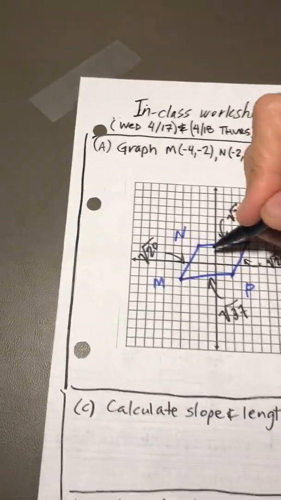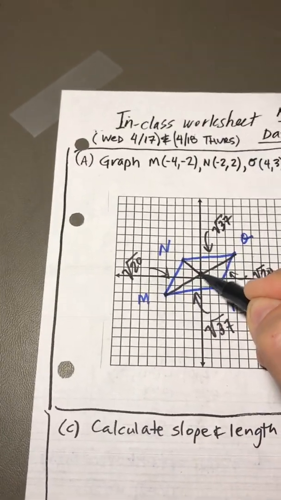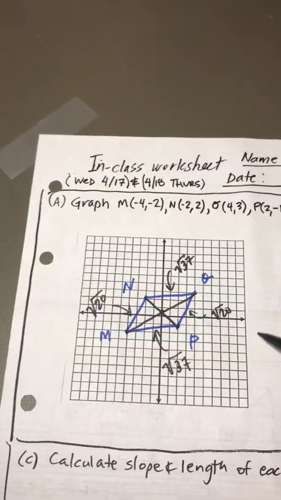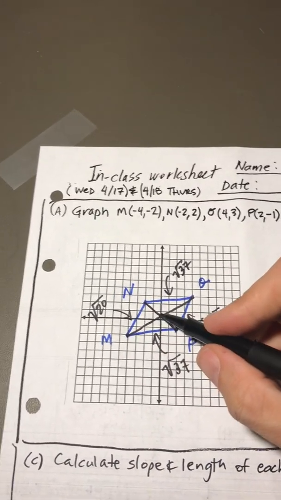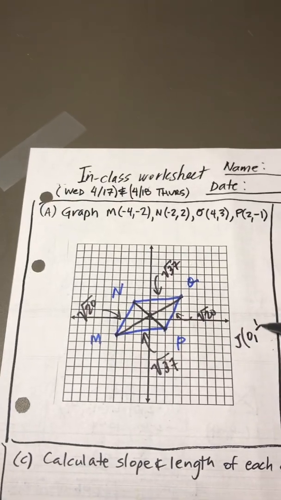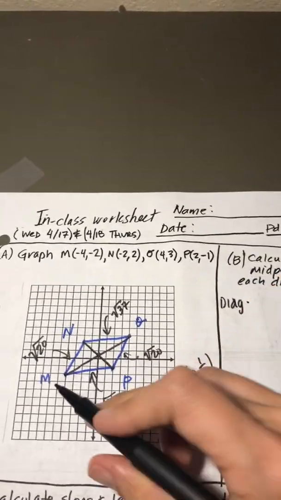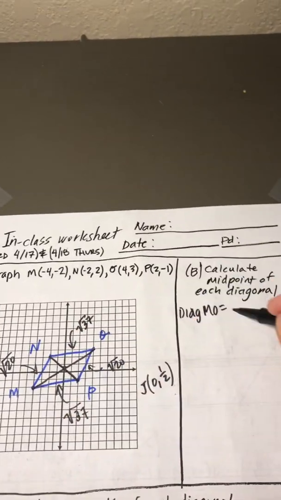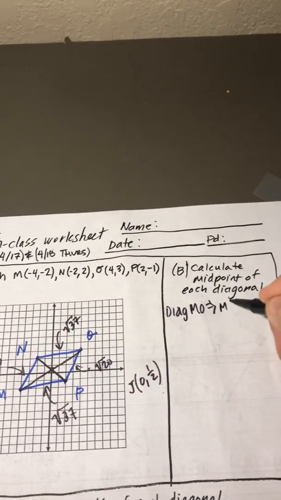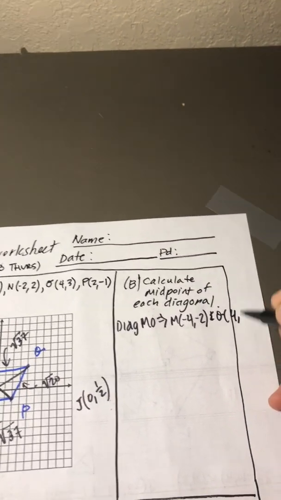Okay, so let's look at these diagonals. When I cross these diagonals, I notice that I get the point in the middle, and I can't call it M, so I'll just call it J. Point J looks to be at 0, 1/2. Now I can reconfirm that with the midpoint formula. So the diagonal MO would be the midpoint of the 2 coordinates M and O, 4, 3, right?